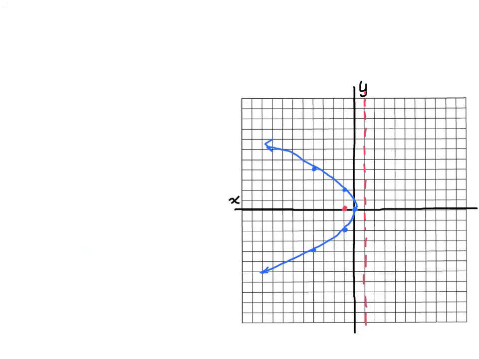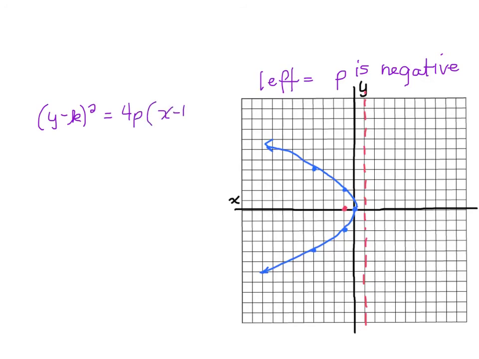Okay, three more slides. You can handle it. So again, I need to know if it opens up, down, left, or right. This one opens left. So since it opens left, p has to be negative. So I have a vertex, and this is a y. So again, y minus k squared equals 4p times x minus h.